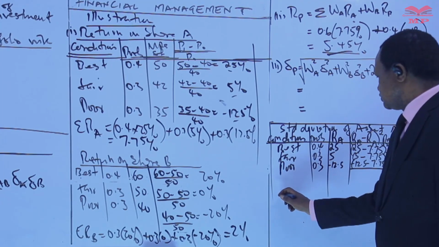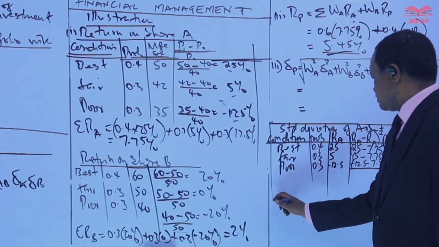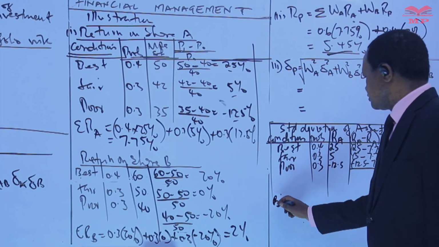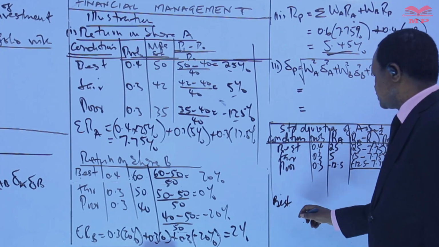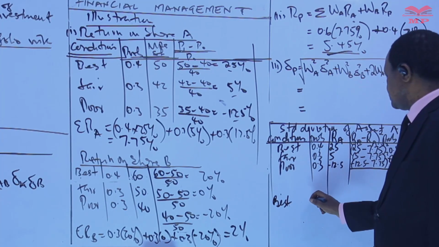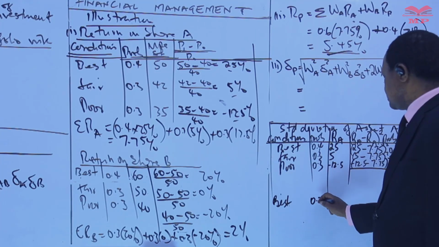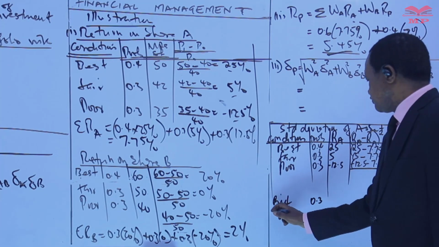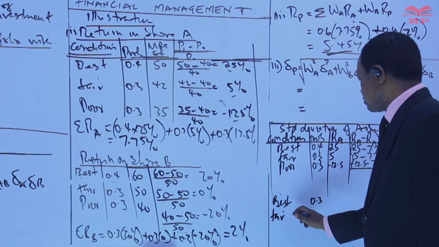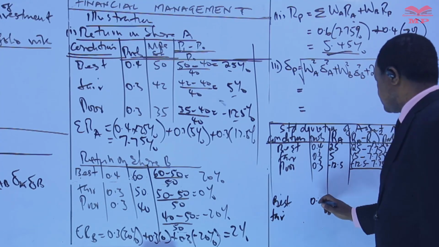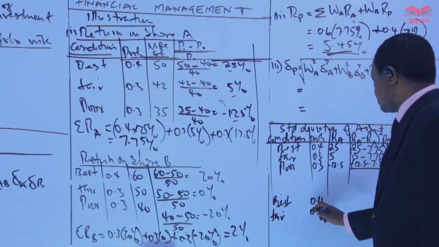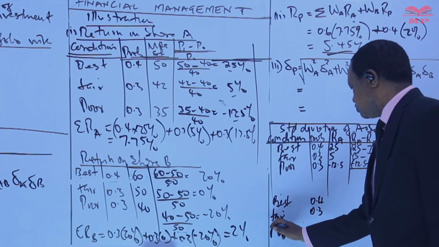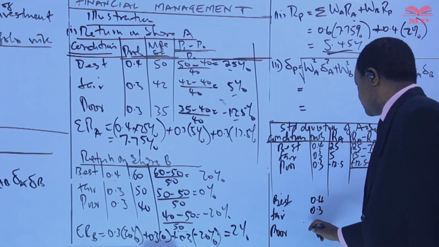The conditions we have, best for asset B, probability 0.3, fair, probability 0.4, poor, probability 0.3.